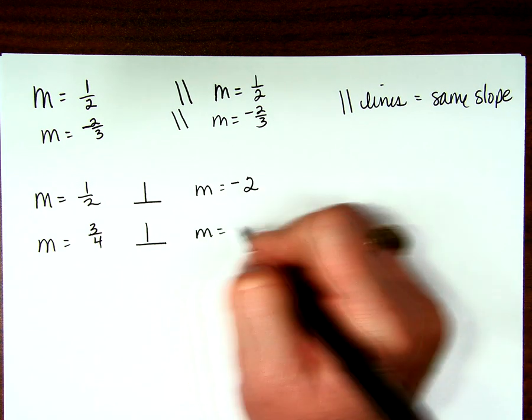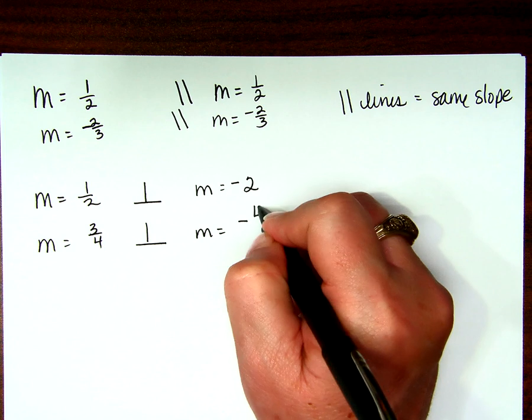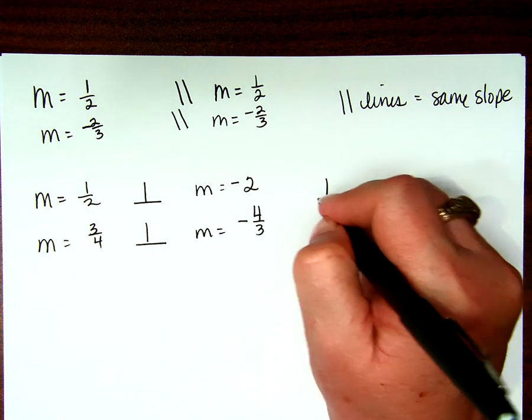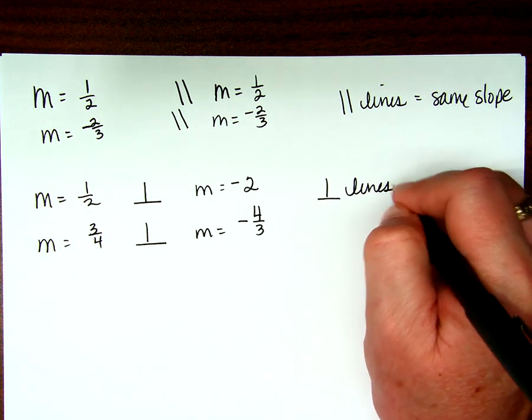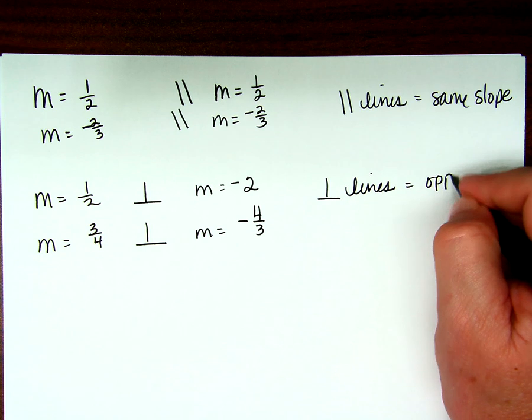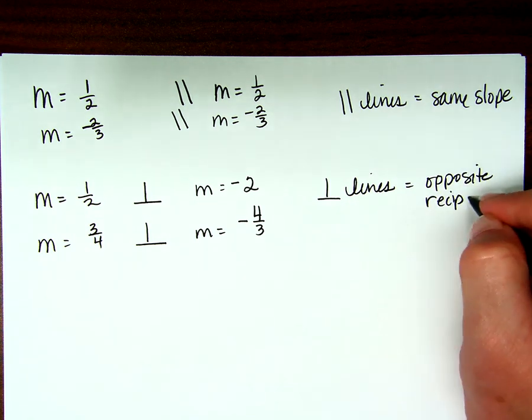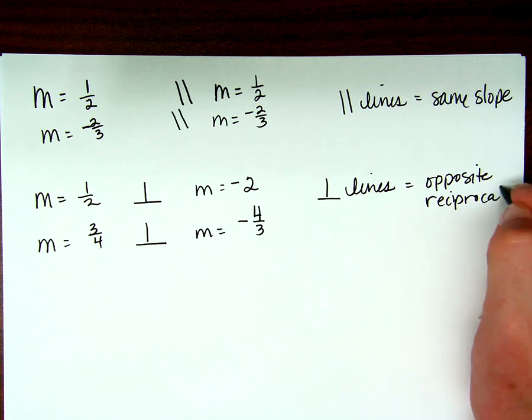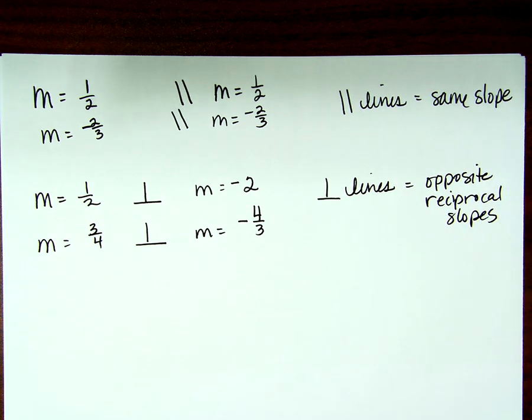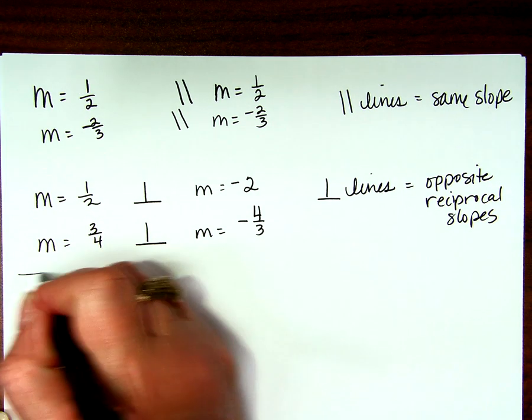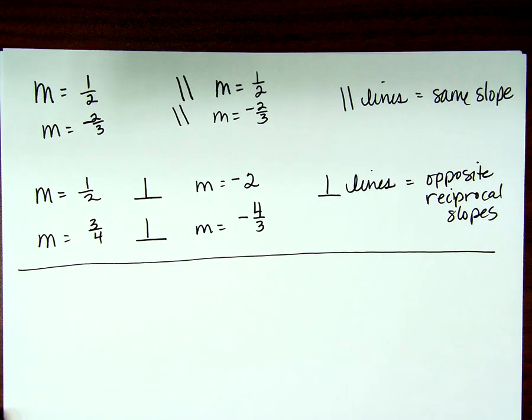M would be negative 4/3, because perpendicular lines have opposite reciprocal slopes. Okay? Everybody okay on that stuff?